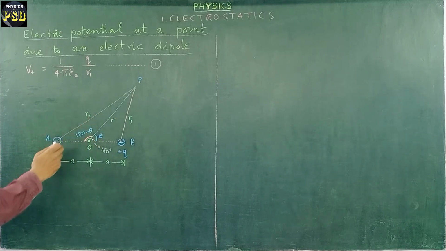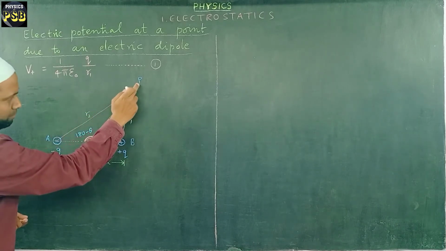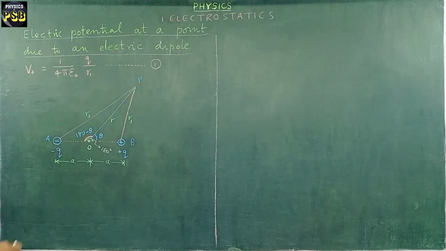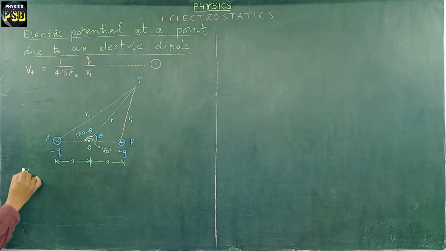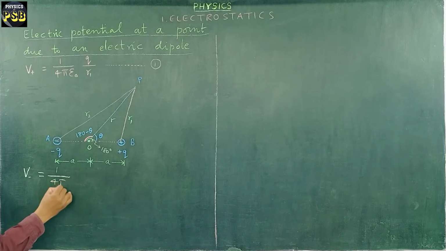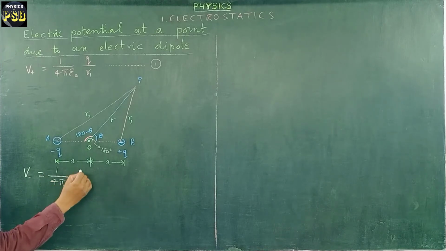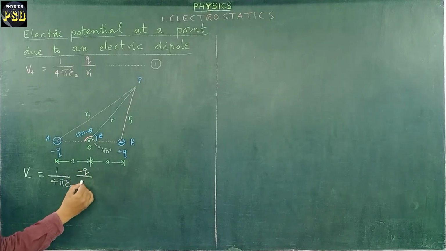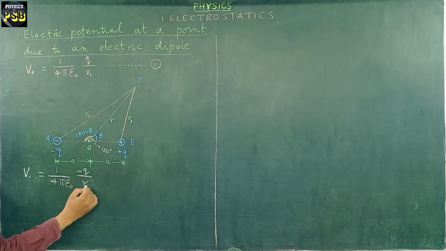Then I get the electric potential at point P due to the negative charge. It is written as V minus, and that is found to be 1 by 4 pi epsilon naught, here we have minus q upon r2 as the distance.